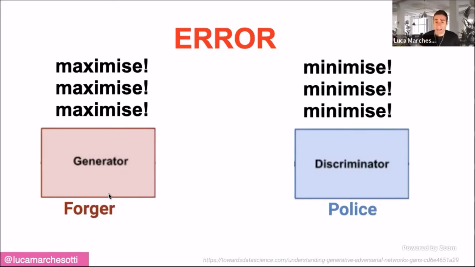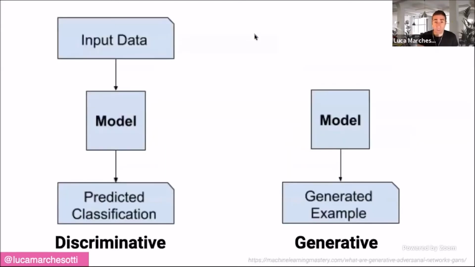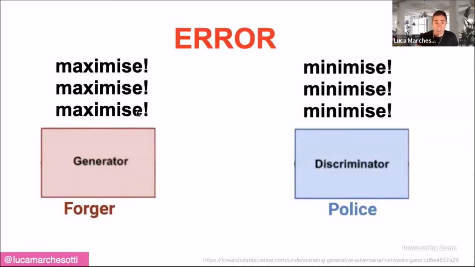Well, the police has to minimize the error. The police wants to be always right, while the forger wants the police to be always wrong. Does it make sense? I think so, right? So what you want to remember is that the forger, or the generator, wants to maximize the classification error at the end of the GAN, and the police, or the discriminator, wants to minimize such error.